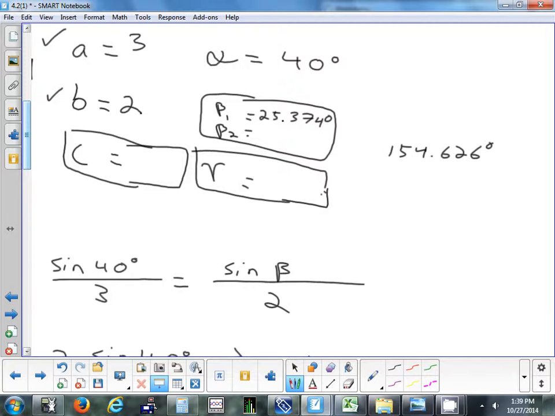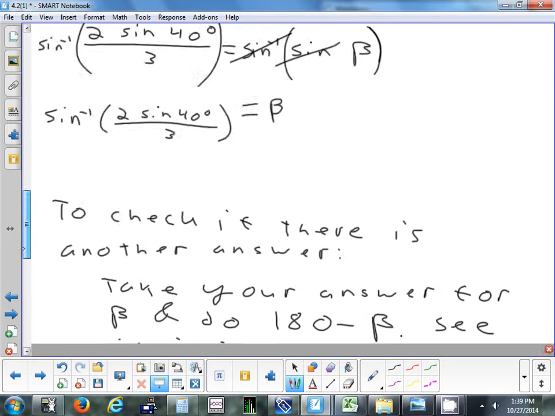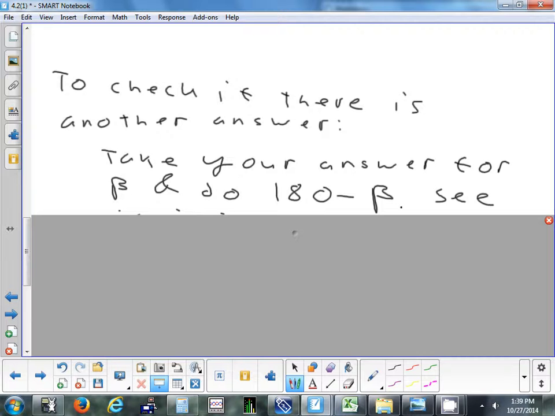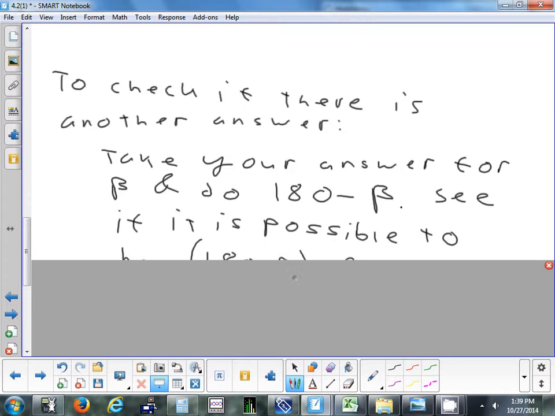Where'd you get that? So you take the answer that you just got and do 180 minus the answer we just got. So I did 180 minus 25.374. That's like an answer. If it works, that's the second answer. Just work, right? Well, let's check and see if that makes sense.